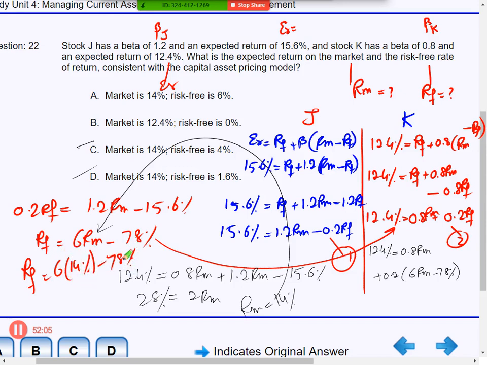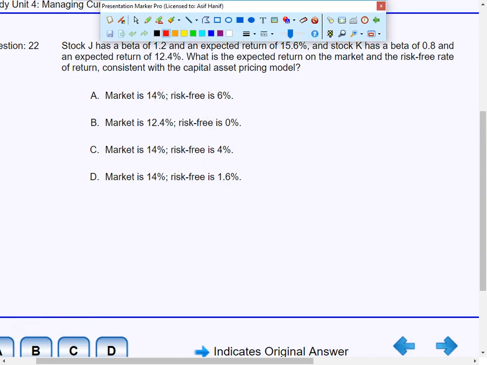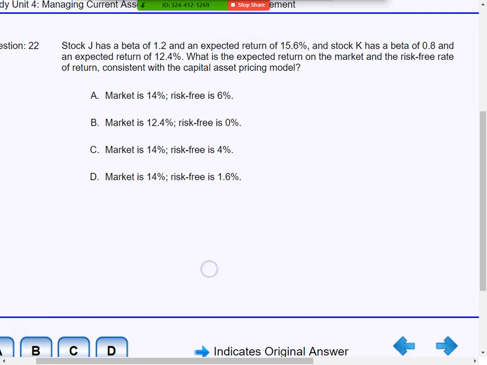So 6 times 14 less 78 gives you a nice percentage, 6%. Okay, here we go. We have A as well. A has 14% market return and A has 6% risk-free rate, that is RF. So it perfectly matches with option A, and option A it is.